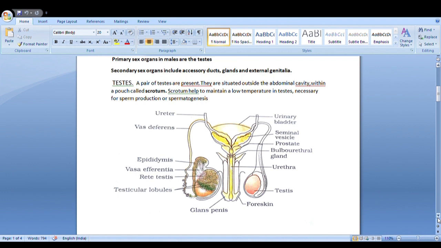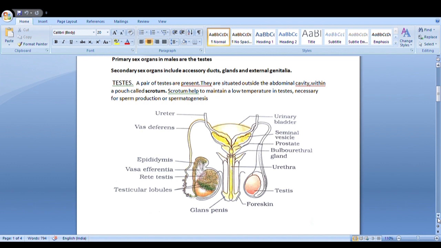Male gametes are called the sperms, and the process of producing sperm is called spermatogenesis. So, in order for the production of sperms, a slightly low temperature is necessary. Scrotum helps to maintain that low temperature.